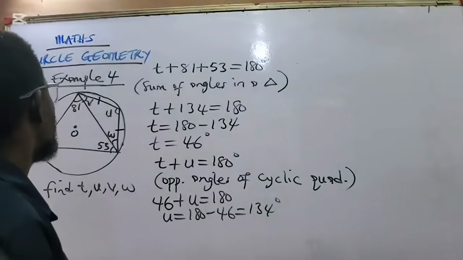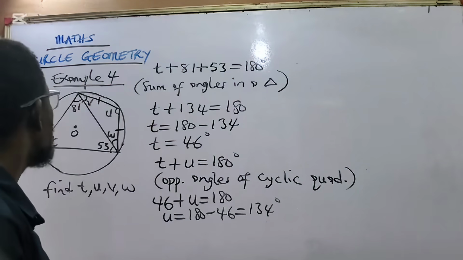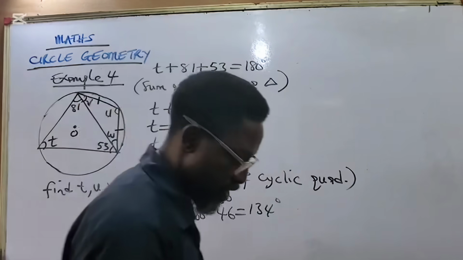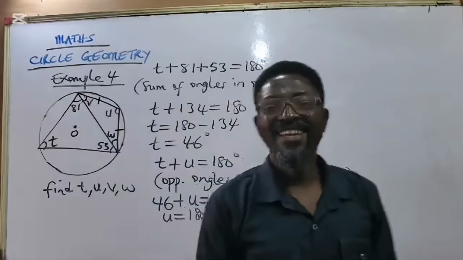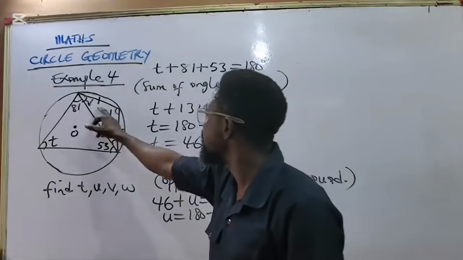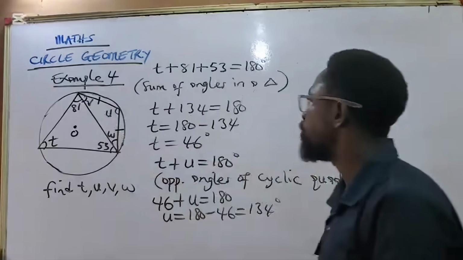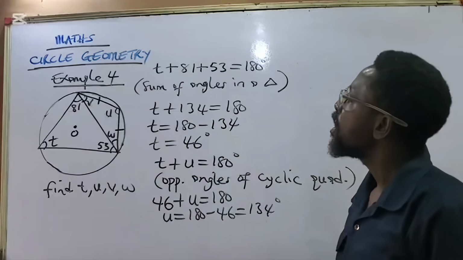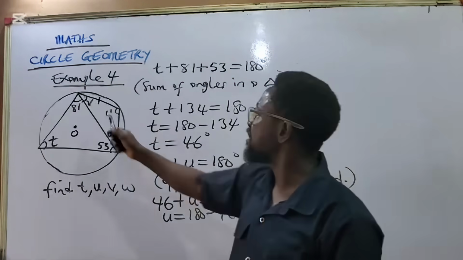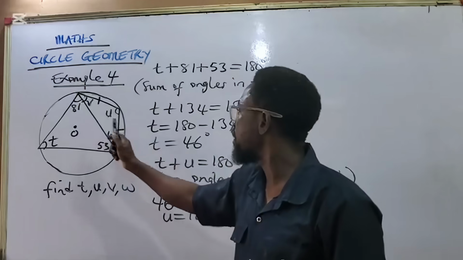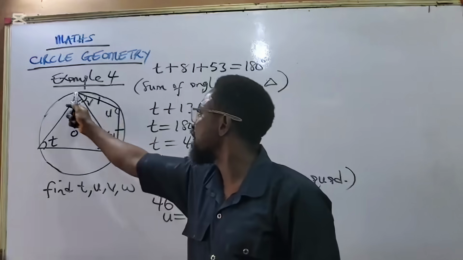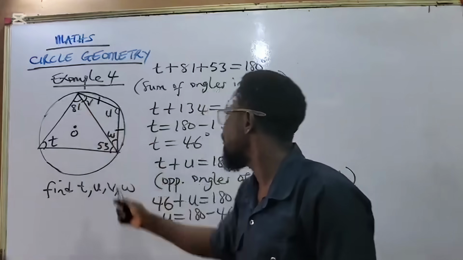So now that I've obtained the value of U as 134 degrees, the next thing I will need to get is the value of V and the value of W. If you look at that diagram very well, you see that there's a symbol here and here. What it means is that the lengths here and here are what?